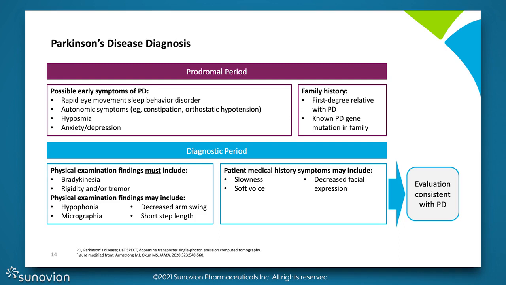It needs to include bradykinesia as well as either rigidity or tremor. So we need bradykinesia, either rigidity or tremor, to go along with bradykinesia for the clinical diagnosis. There may be other signs of bradykinesia as part of the exam that we've gone over already. And these then are consistent with a diagnosis of Parkinson's disease.